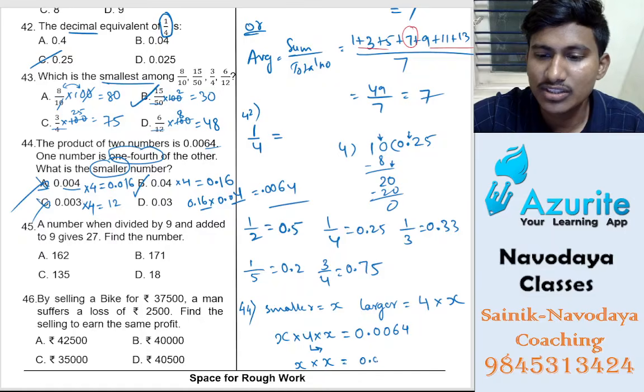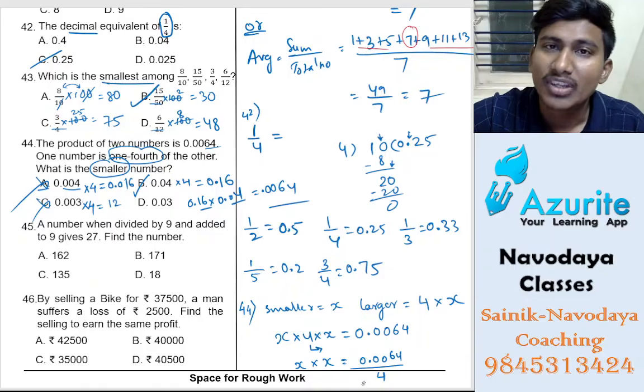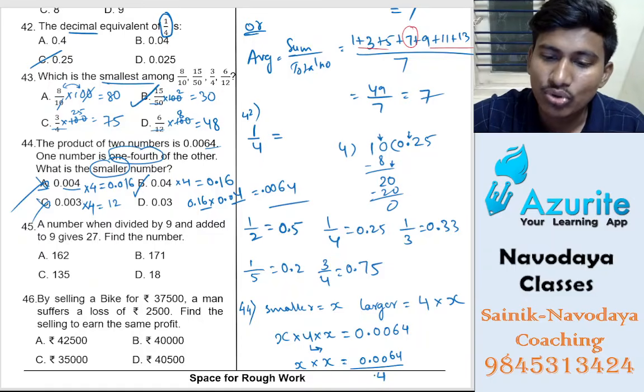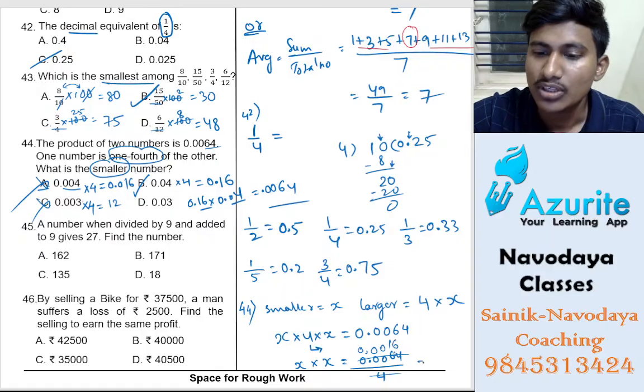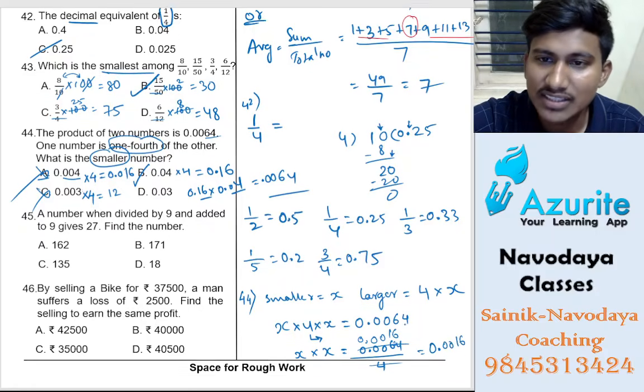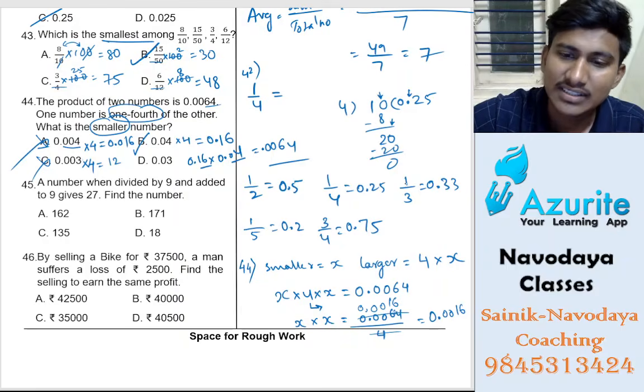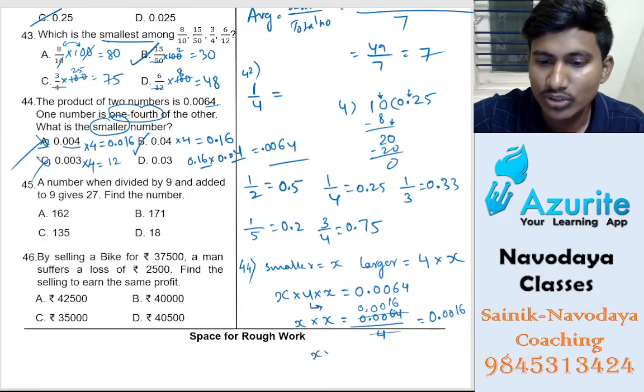So 0.0064 divided by 4. What will be the answer? 4 ones are 4, 2 will be remaining. 4 6s are 24. So the answer will come 0.0016. So here x into x.